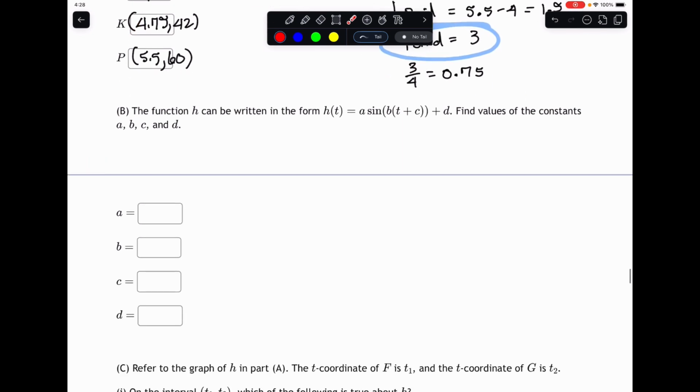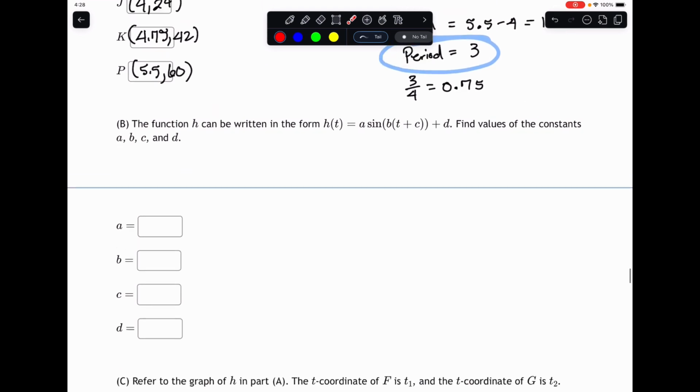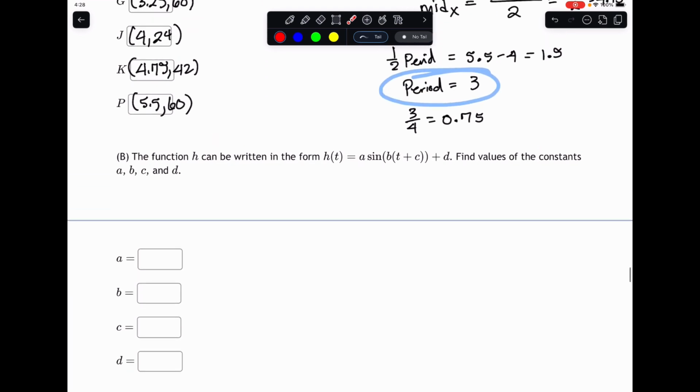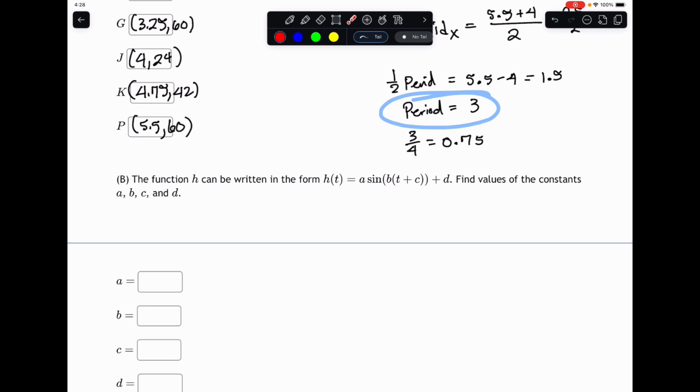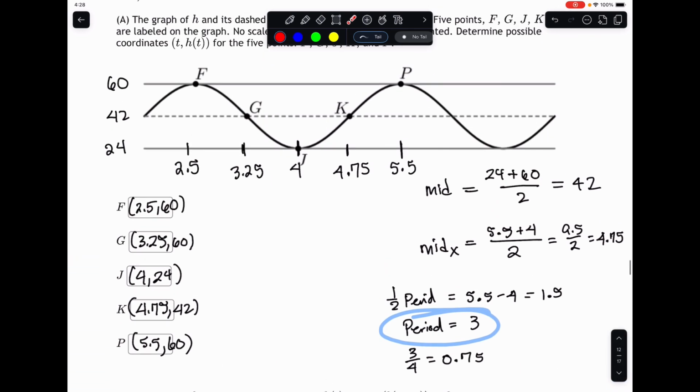So we have to find yet again the values of A, B, C, and D. So start with the vertical transformation, the amplitude, the vertical dilation. Since the distance from 42 to 60, that is a distance of 18 units, our value of A is equal to 18.